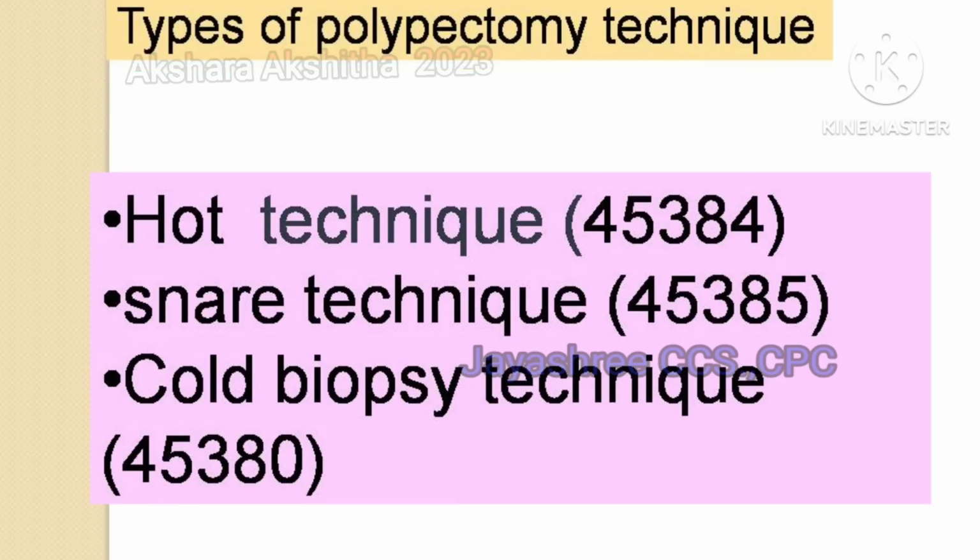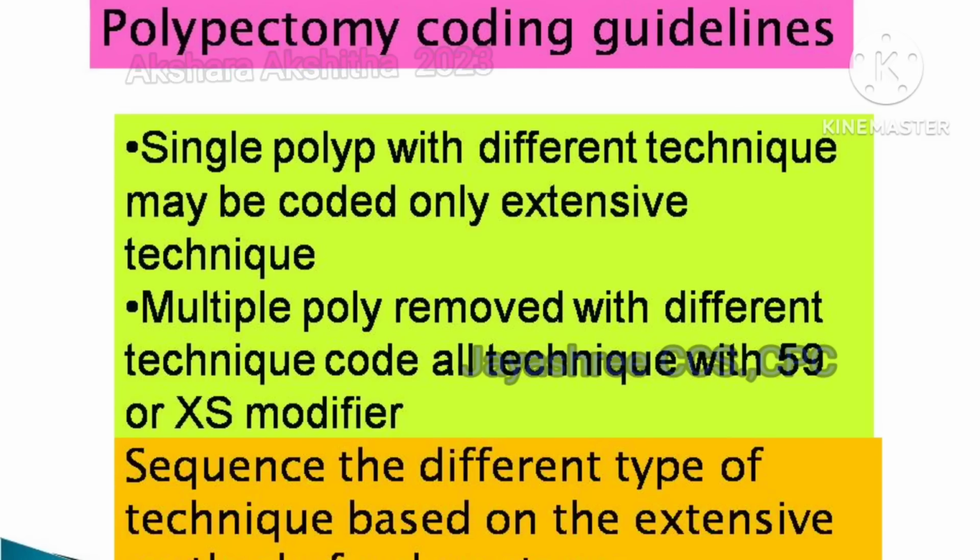Okay, let's see the coding guidelines for polypectomy. The first point is, if a single polyp is removed with different techniques, only one, the most extensive technique, may be reported. For example, there is a polyp in the sigmoid colon. The doctor is removing that polyp from the sigmoid by hot technique as well as snare technique.